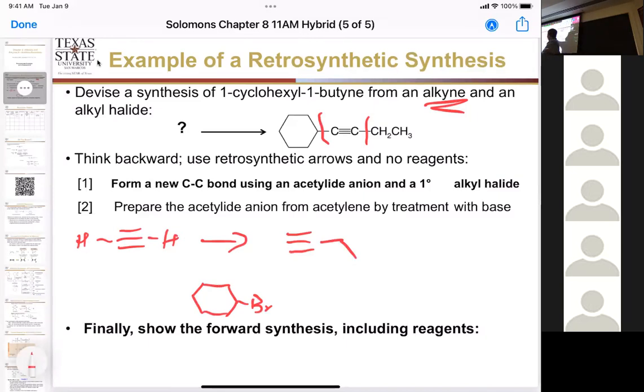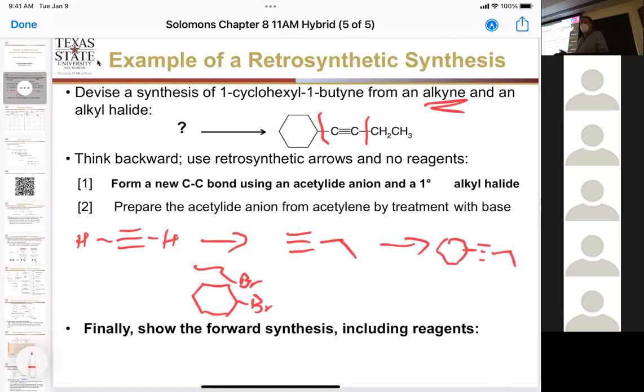So that means we're going to have a cyclohexyl that's a halogen. We're going to have an ethyl group that's a halogen. And we're going to have to do a stepwise reaction because then we have to put the other one on here to get to our reaction here.